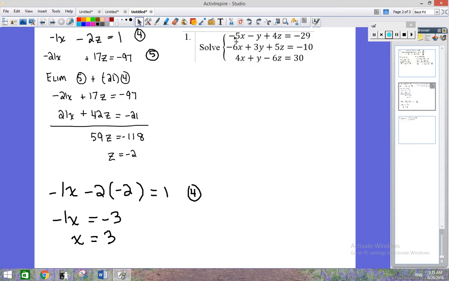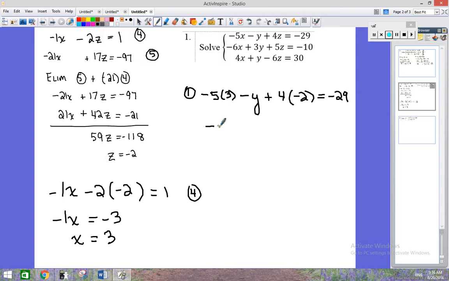So let's use equation 1. I've got negative 5 times x, where x is 3. I've got the opposite of y, and that's what I'm trying to find out what y is, plus 4 times z. And the claim in equation 1 is that that's equal to negative 29.